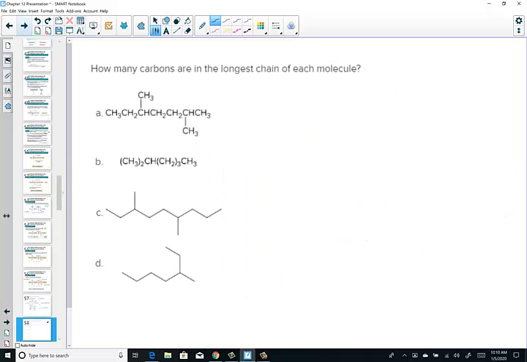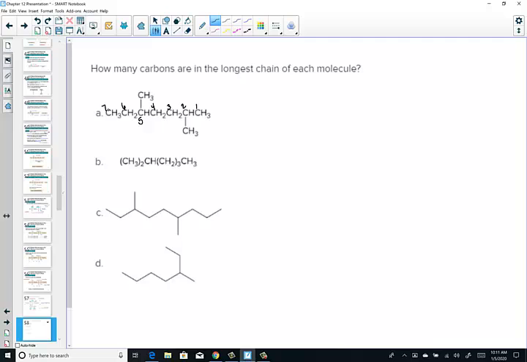Let's keep practicing. How many carbons are in the longest carbon chain? Well, I can count 1, 2, 3, 4, 5, 6, 7. Going straight across right to left, I get a methyl group coming off of carbon 2. If I had numbered left to right, the first branch wouldn't come off until carbon 3.